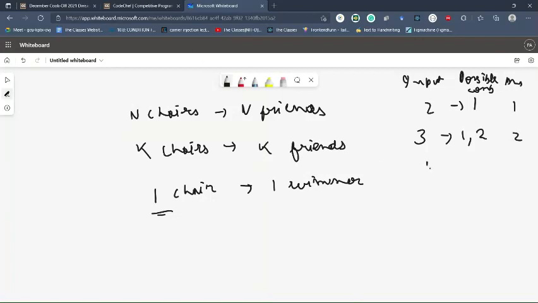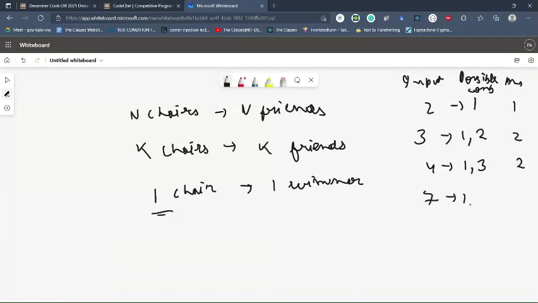Our next input is 4, and it is possible only for 1 and 3 to be removed. As we remove 3 chairs, we are left with 1 chair. So here also there are 2 combinations. Let's take another test case. Suppose our number is 7.